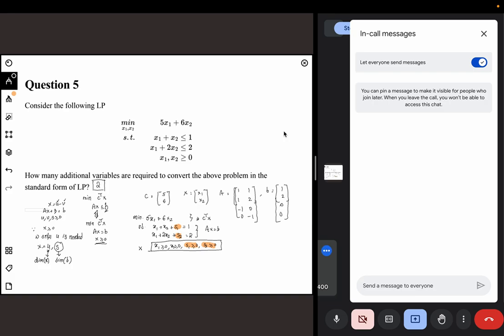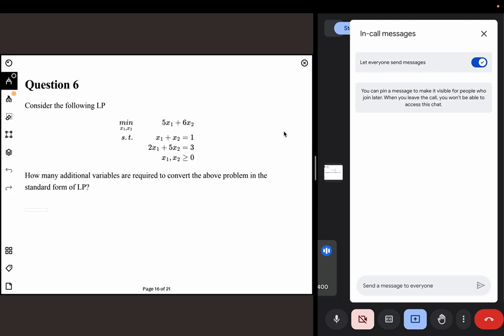Okay. So again, the same problem, but the only difference now is that instead of inequality constraints, you have a set of equality constraints. So how many additional variables do you require to convert this into standard form? If you compare this with the standard form, I already have it in the standard form, right? The standard form is minimize C transpose X, Ax equal to B, X greater than or equal to 0.